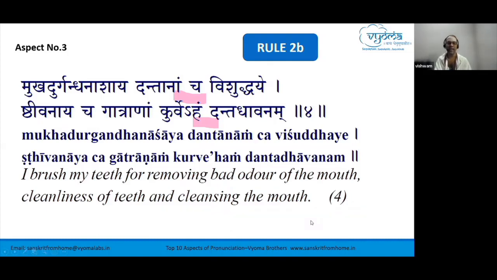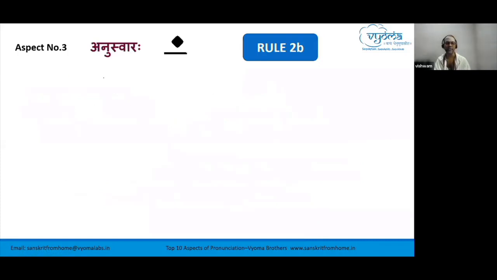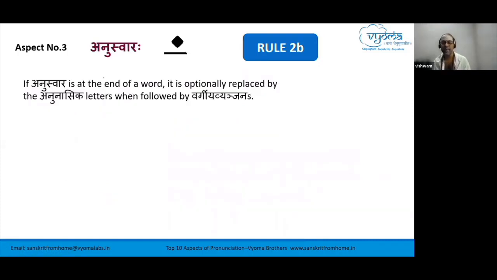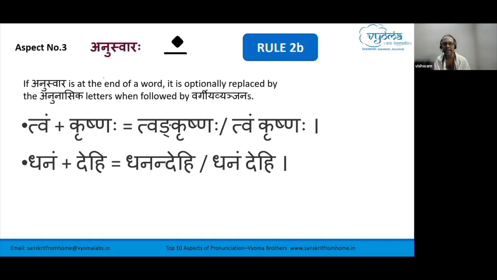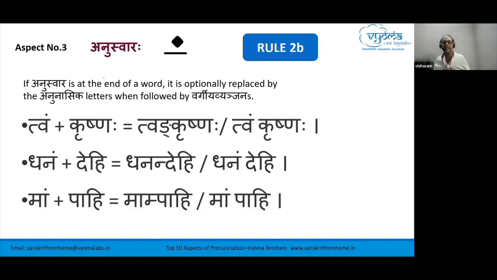Okay, so let us see what the rule says. At the end of a word or between two meaningful words, we can do both. Both are correct. For example, see these 3 examples. When we say Tvam plus Krishna, how do we pronounce it? Tvam Krishna.